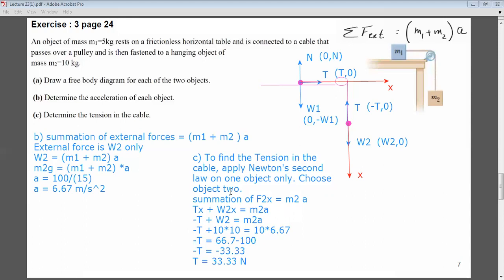Okay, so I used the system approach in order to get the acceleration and the tension. Notice that in these problems, when they ask for the acceleration, it's easier to get it using the system approach. But if it also needs the tension, first I have to get the acceleration, then the tension, and for the tension I have to work on only one object.